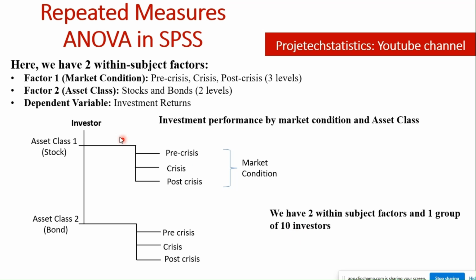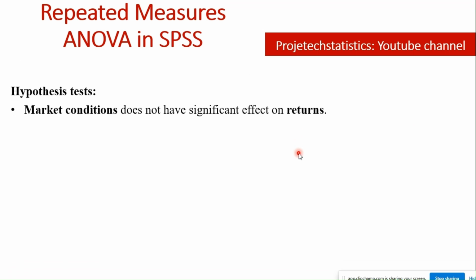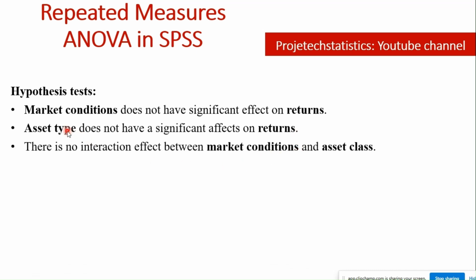So here now is investment performance by market condition and asset class. So here are the two independent variables. For the two-way design, the null hypotheses can be: market condition does not have a significant effect on returns.